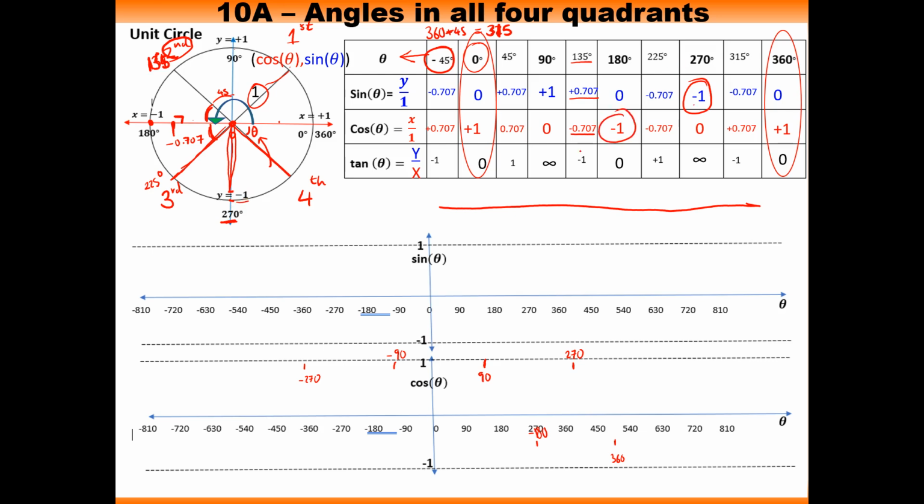Why is it that the cos is negative 1 at 180? Because we turned all the way here, and it's impossible to see a triangle here because it has two sides lying on top of each other. The hypotenuse is the same length as the adjacent. That's why the adjacent side is negative 1 and the hypotenuse is positive, so that's why the cosine of 180 is negative 1, and so on.